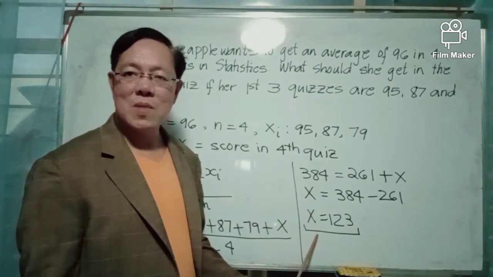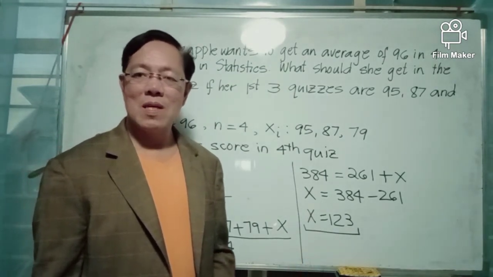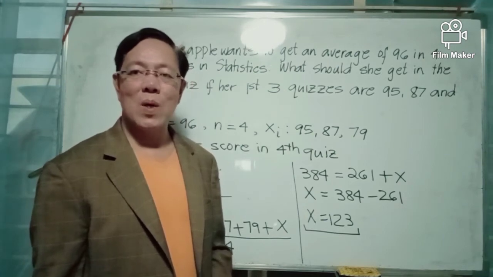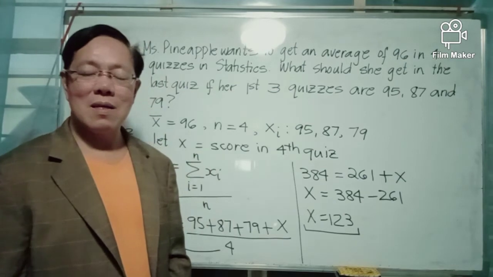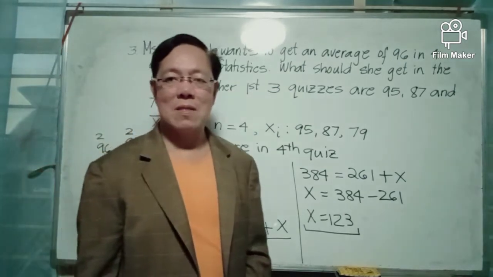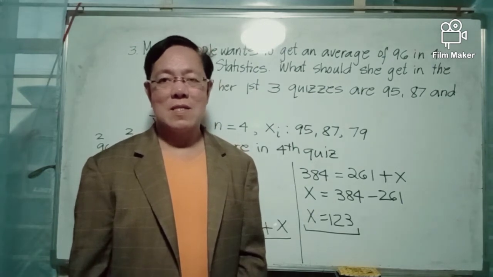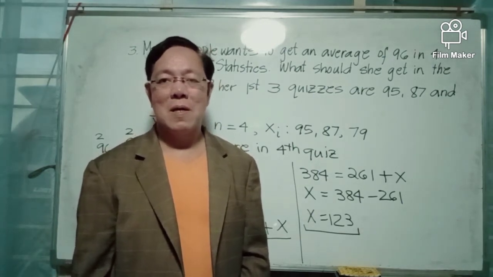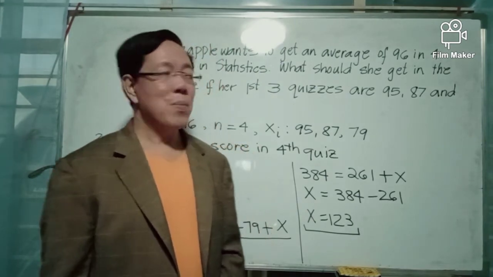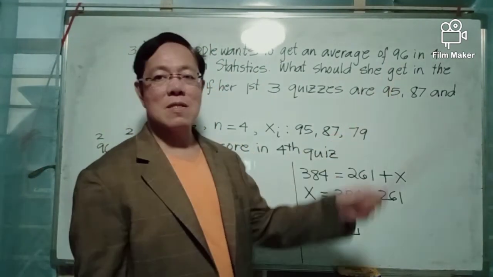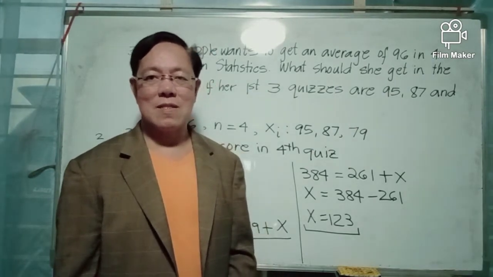But this result shows that Miss Pineapple needs to get more than 100 points in the last quiz in order for her to get an average of 96. Thus, we conclude that it is impossible for Miss Pineapple to get an average of 96 in 4 quizzes in statistics.